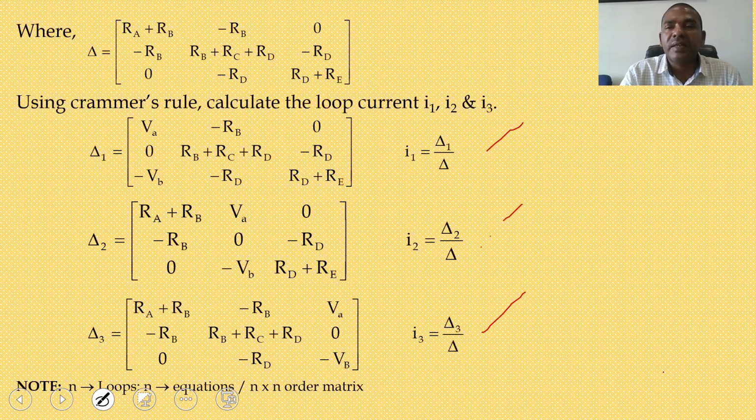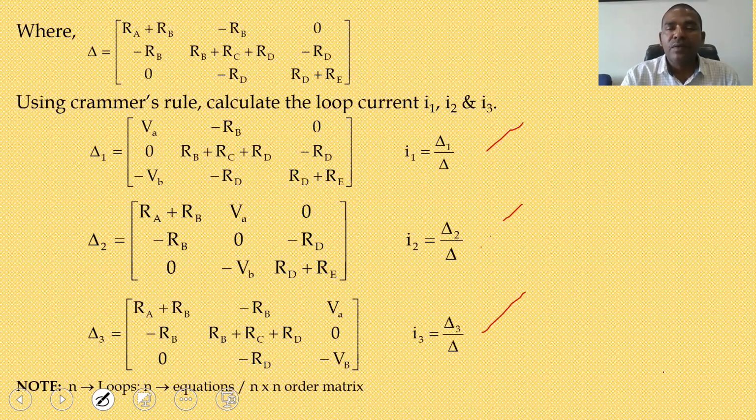Once you calculate the determinants delta, delta 1, delta 2, delta 3, then you can calculate I1, I2, I3 as delta 1 by delta, delta 2 by delta, delta 3 by delta. So like that we have to calculate the loop currents.